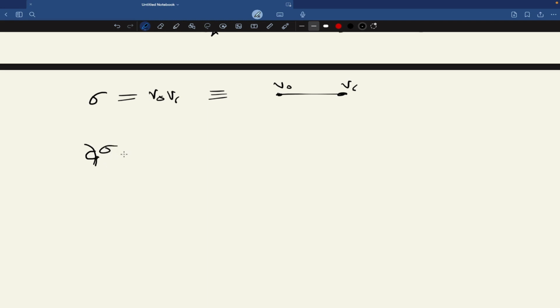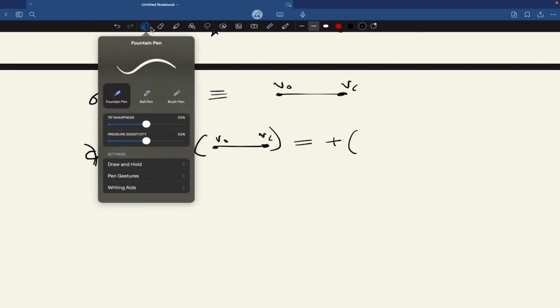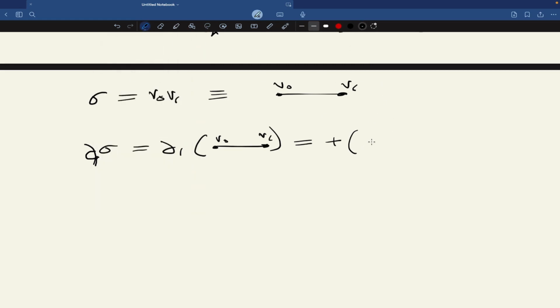So del 1 of this sigma is nothing but del 1 of v0 v1. So plus what will be the first face? Hide this v0, and whatever you get hiding v0 will be v1 only, which is just a single vertex. So this will be the single vertex v1 as the first face. Similarly for the second face, if we delete v1, we are left with a single vertex v0.